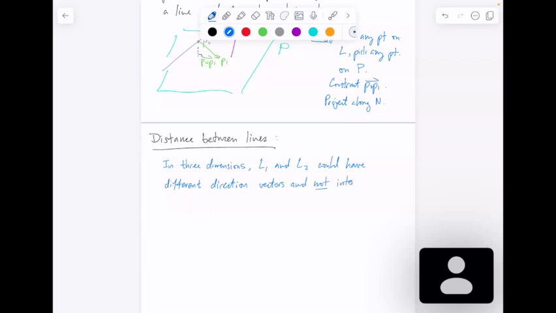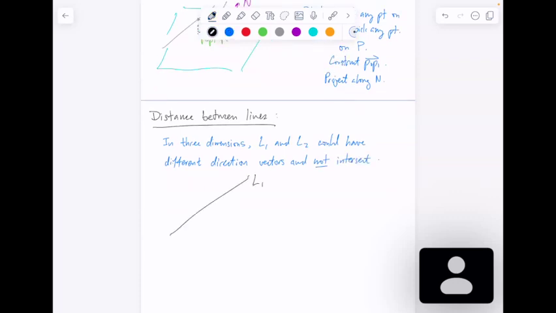Because you have L1 here with the direction vector V1, and you could have L2 below it with direction vector V2. These are clearly not multiples of each other. They're pointing in different directions, but because L2 is underneath L1, the way I drew it, you're not going to have an intersection between these.